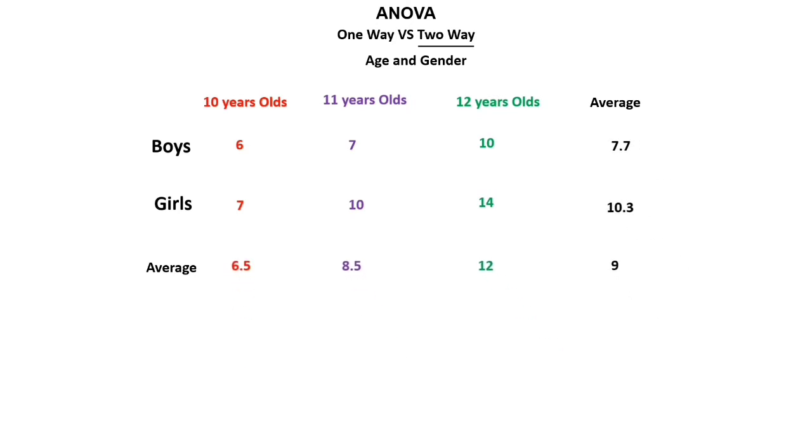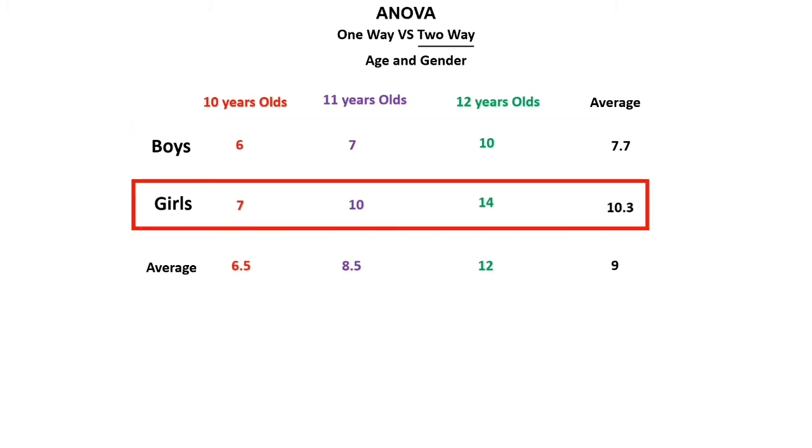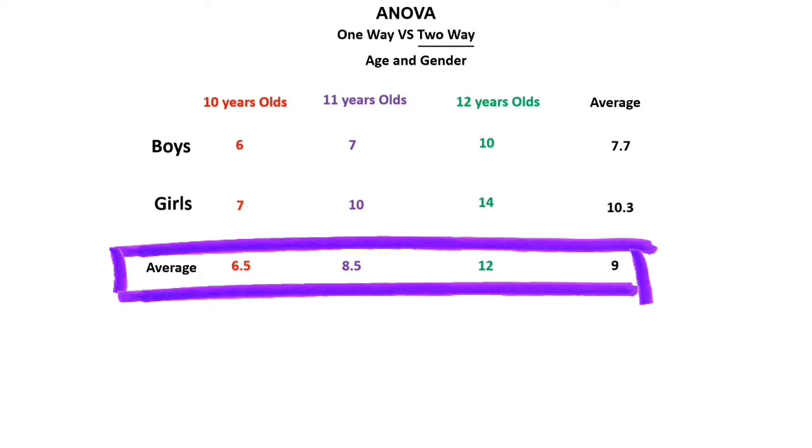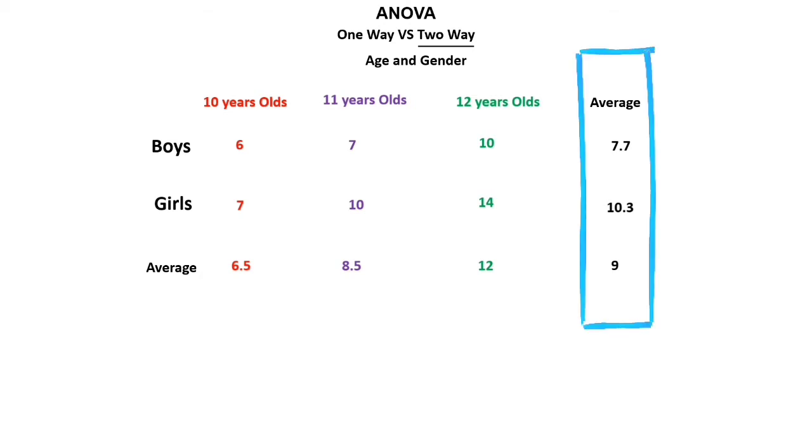Let us end up with 3 rows of data, boys, girls, and the average row. We also have 4 columns of data, the 10-year-old data, 11-year-old data, 12-year-old data, and the average data.